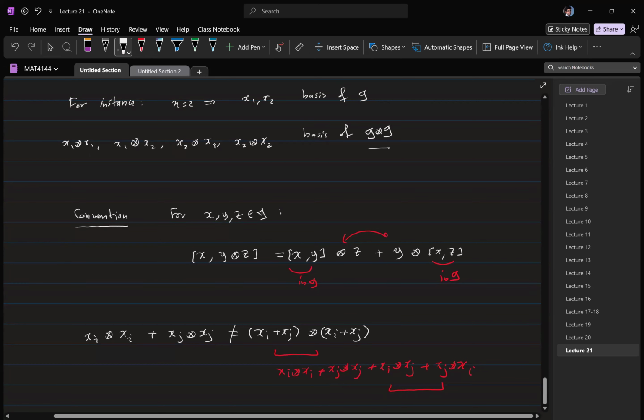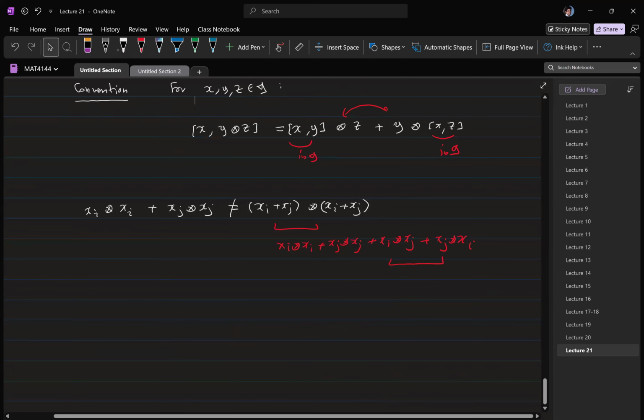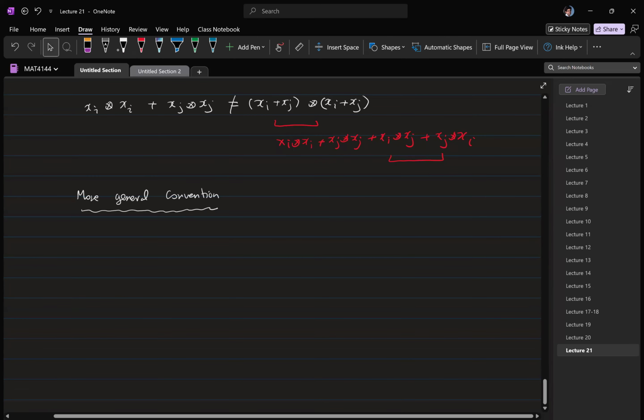And now we can extend this convention to more tensors. It's a more general convention: if x and x1 up to xn are in G, then we can take the bracket of x with the n-fold tensor product of these. Now, this is an element in G tensor G, n times.